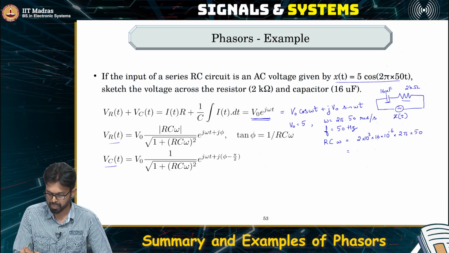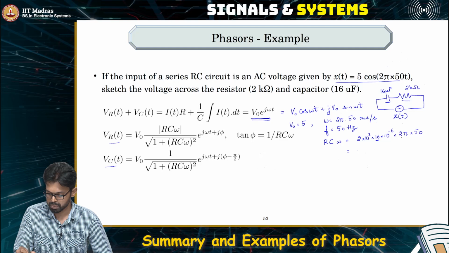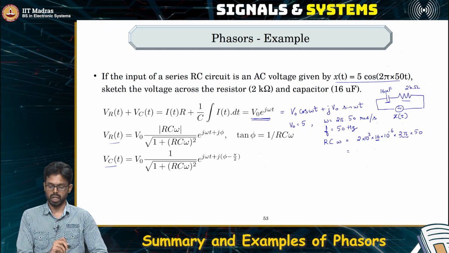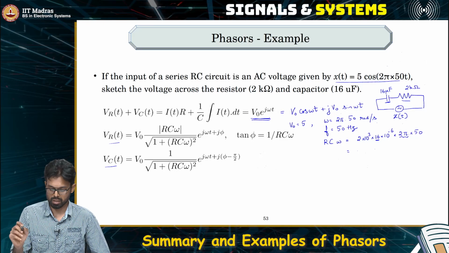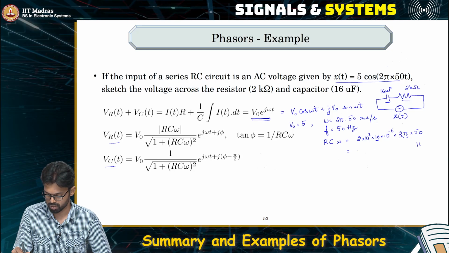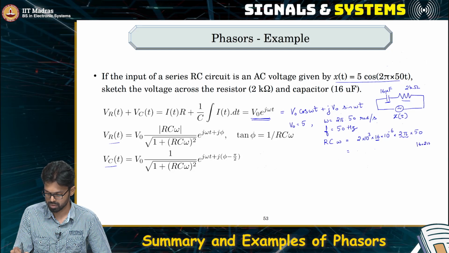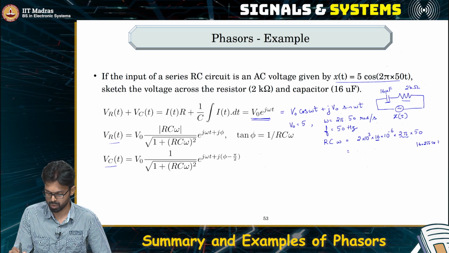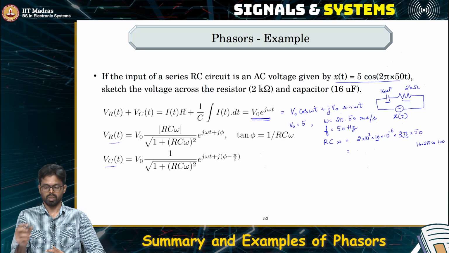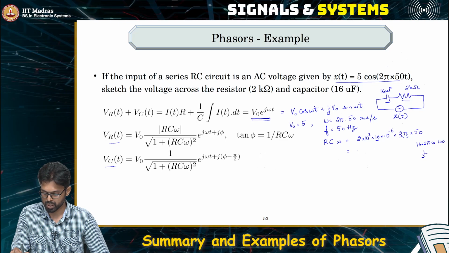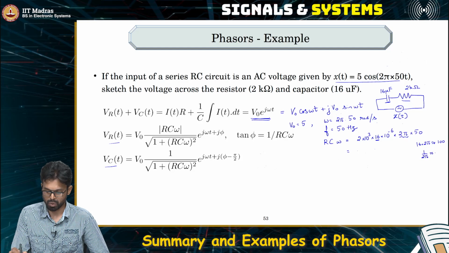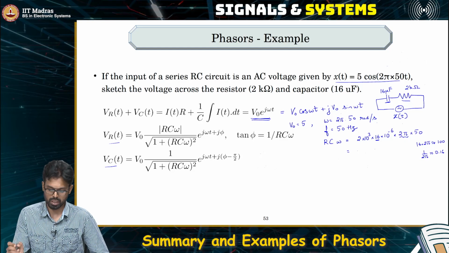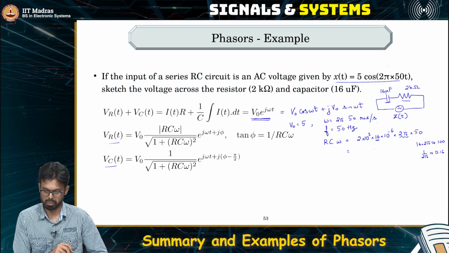We'll say that 16 times 2 pi is approximately 100. Right? We are going to make an approximation. Or in other words, the approximation that we are making is 1 by 2 pi is approximately 0.16. Okay, that's the approximation that we are making.